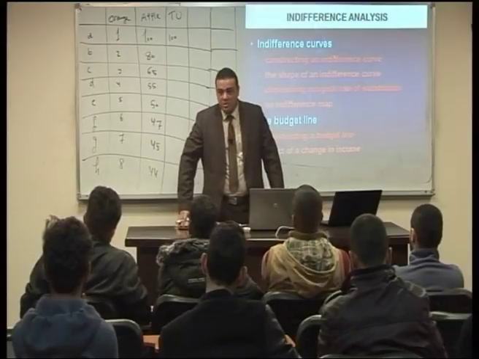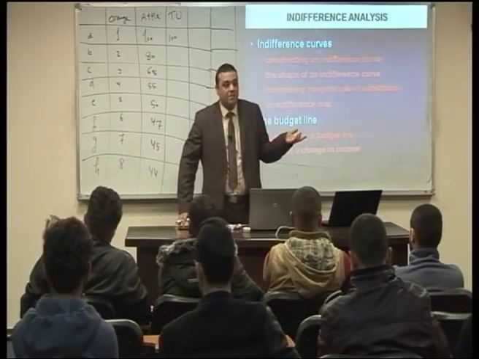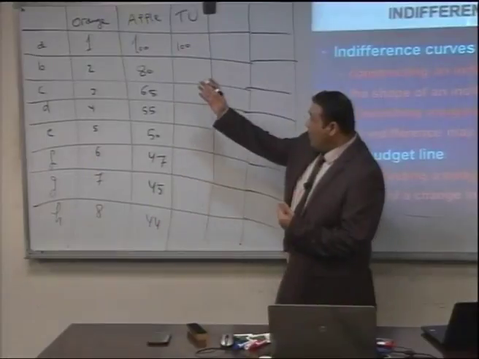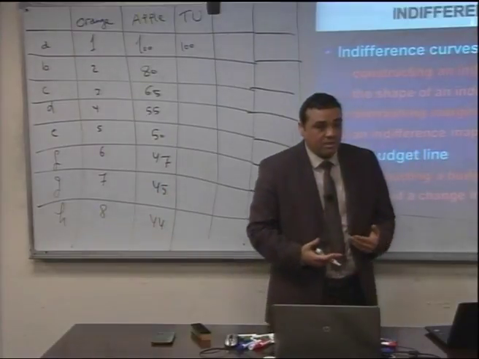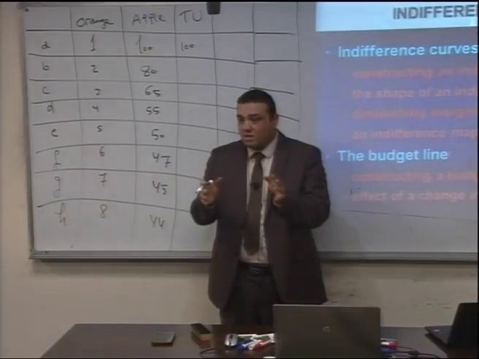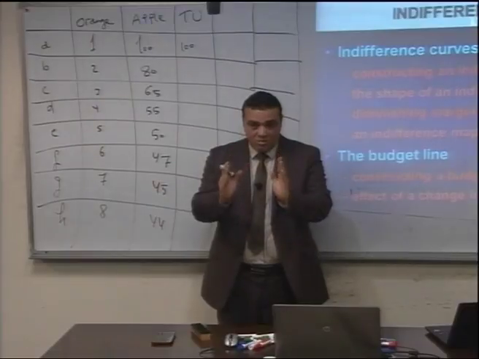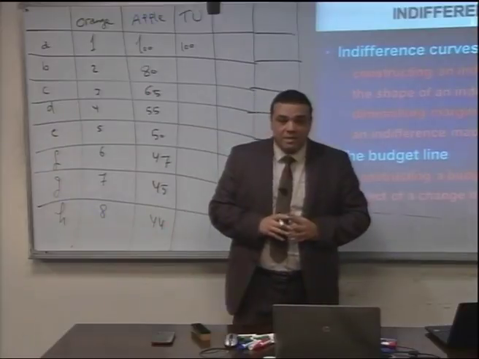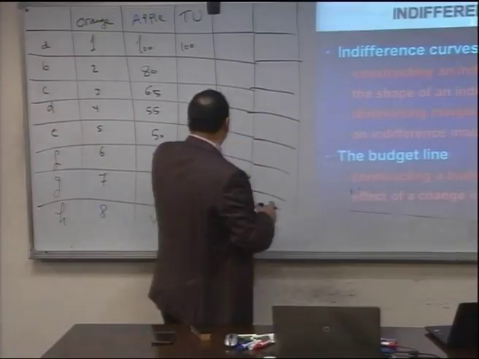Actually, we cannot measure the total benefits, but we can say there is a benefit. No one can deny that when you eat orange and apple, you have a benefit. According to our hypothesis, we assume that the total utility can be measured by 100 units.